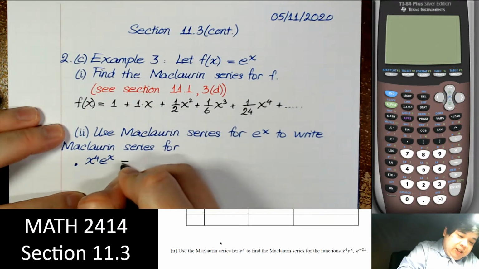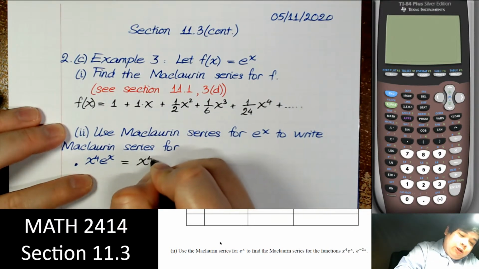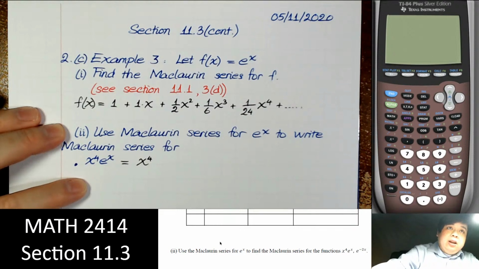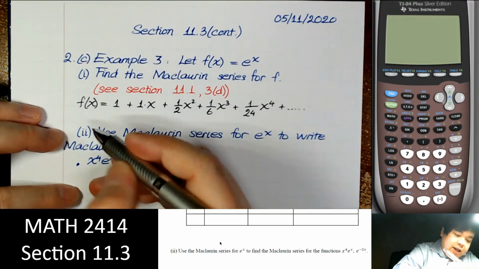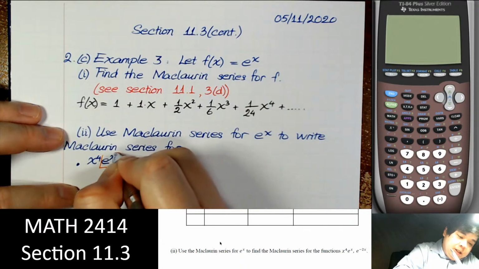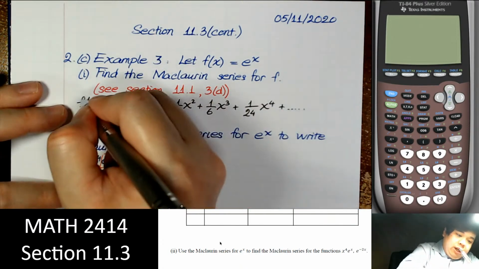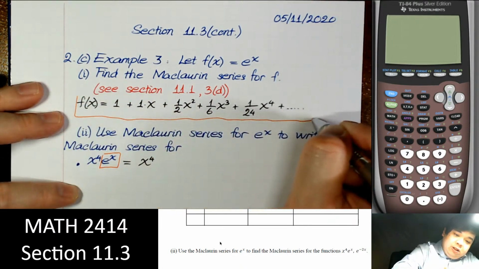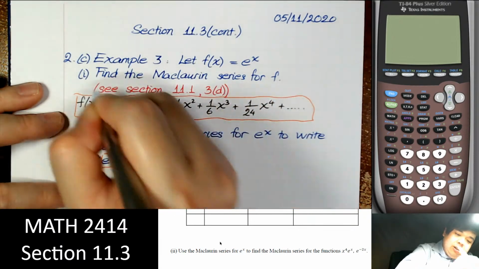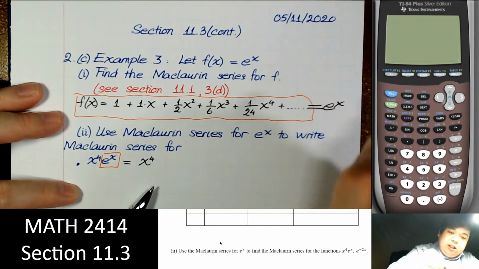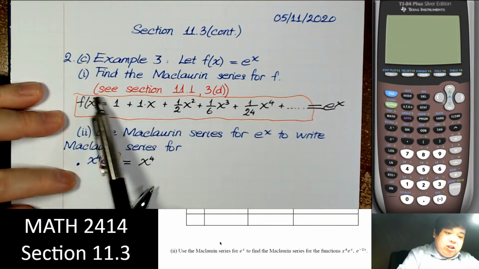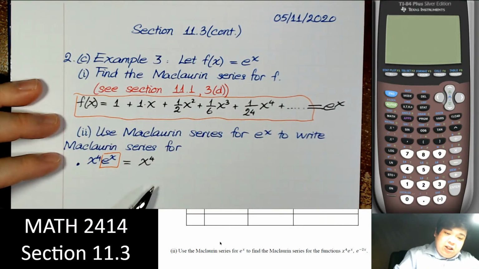Actually, we have x to the fourth and then e to the x. We can just use this. Because that one equal to e to the x, and we actually write a series for e to the x, and that is that.